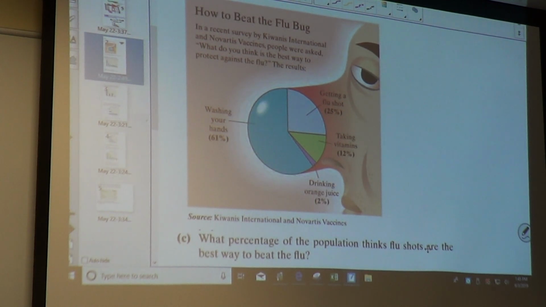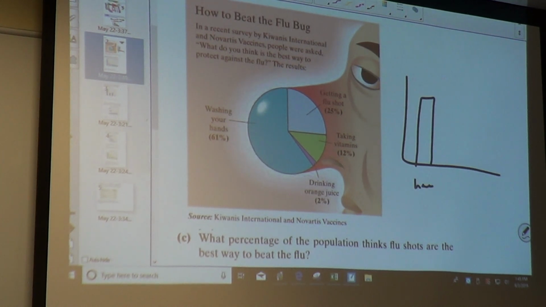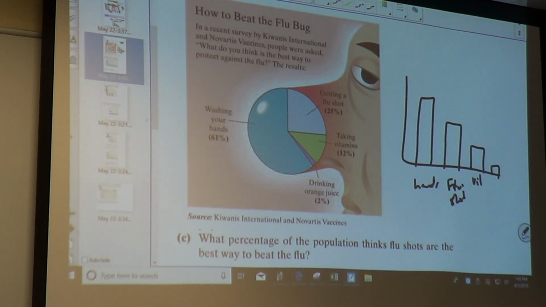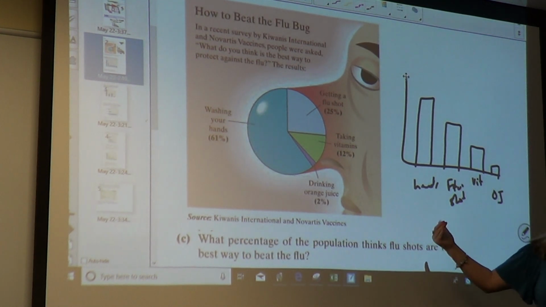All right, so how to beat the flu bug. We have a circle graph. Instead of a bar graph, they've now taken the bars and turned them into a circle. But we could have just as easily turned this circle graph into a Pareto bar graph.